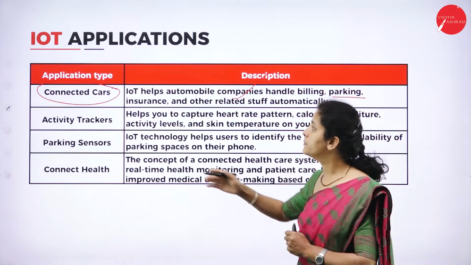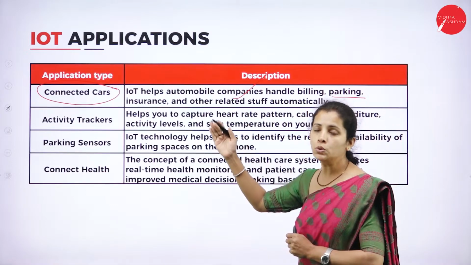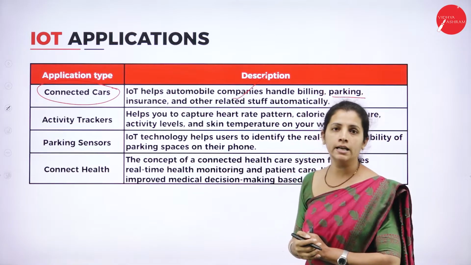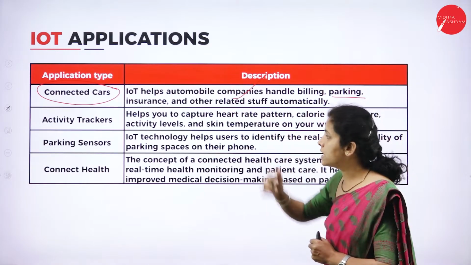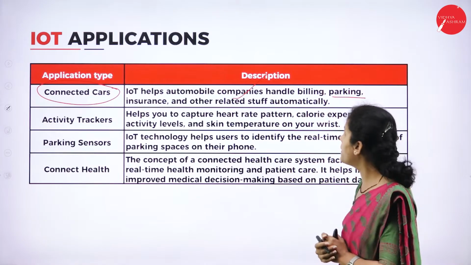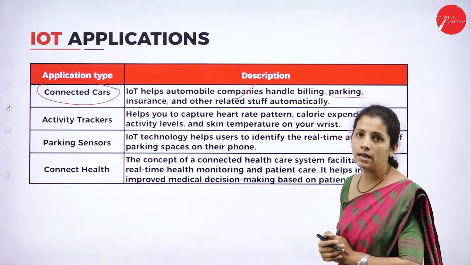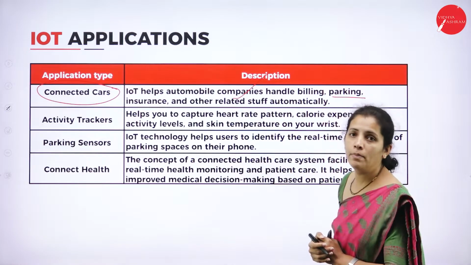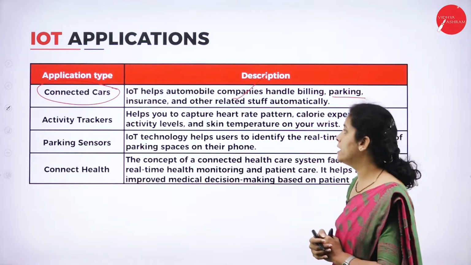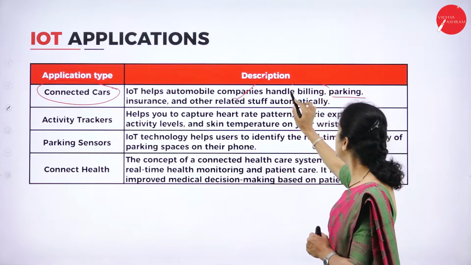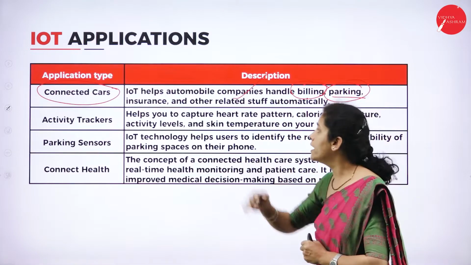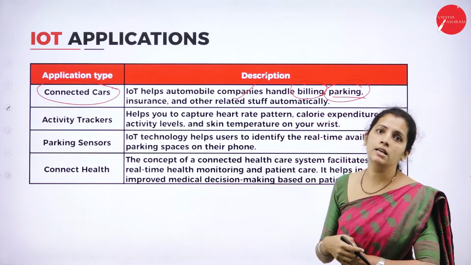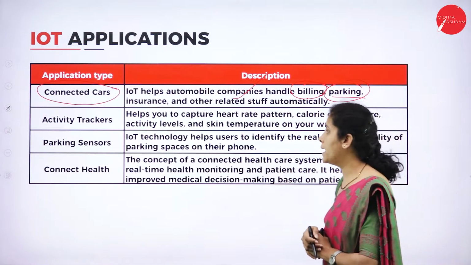That means IoT can be used by connected cars to improve their services. Most of the manufacturing companies, that is, automobile companies, are able to use IoT. For example, billing, car parking or insurance and other related things automatically.